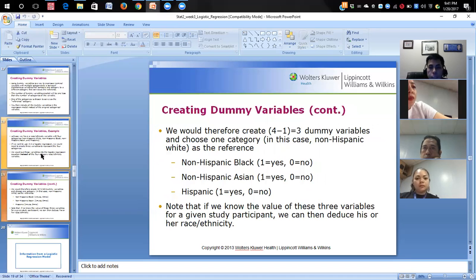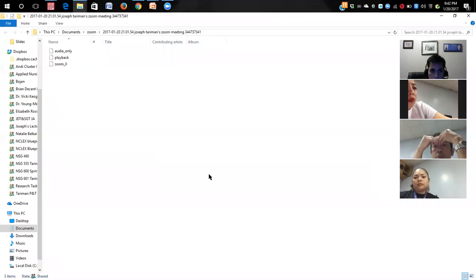So for example, here, if we have 4 total variables, we have to minus it with 1, and then we have a total of only 3, and we make sure that we have a reference. Therefore we will create non-Hispanic Black, yes or no, non-Hispanic Asian, yes or no, 1 for yes and 0 for no, and then Hispanic would be 1 for yes and 0 for no. So we have a total of 3.